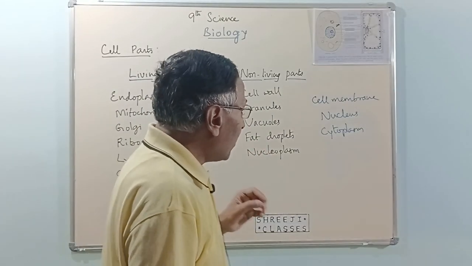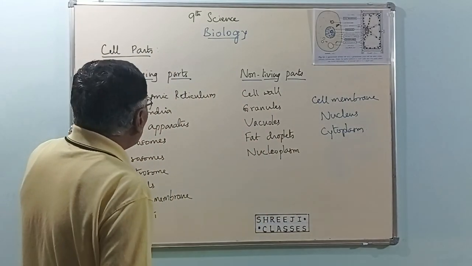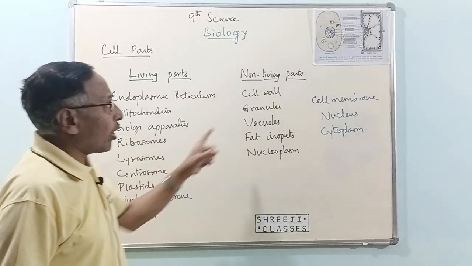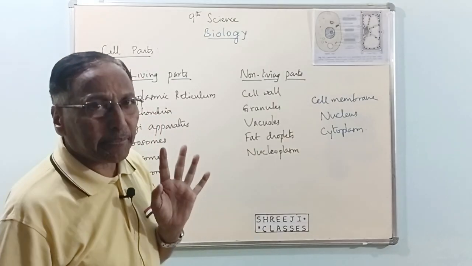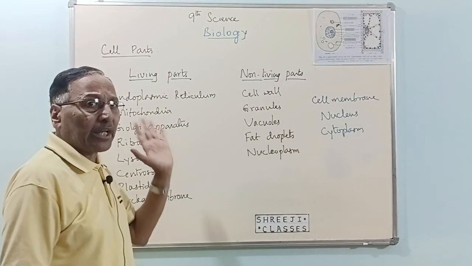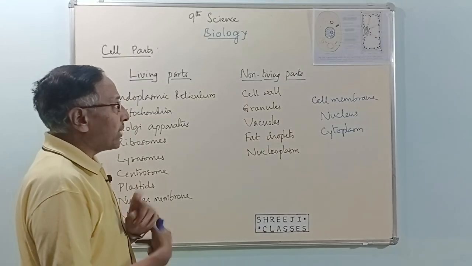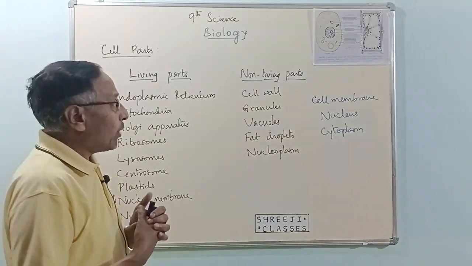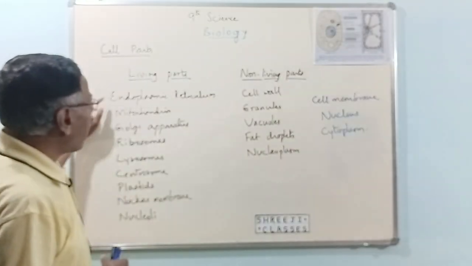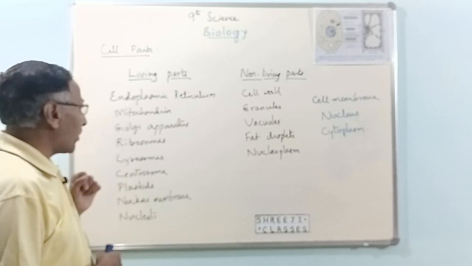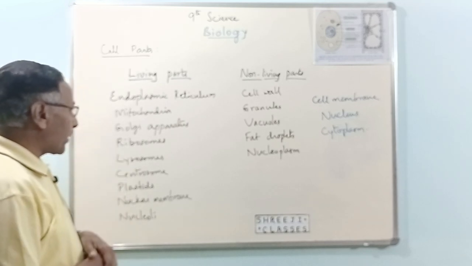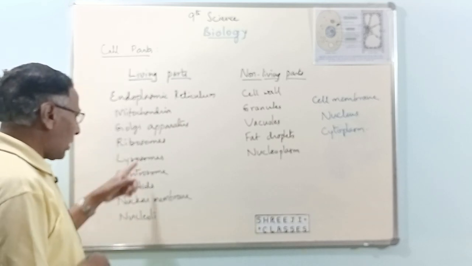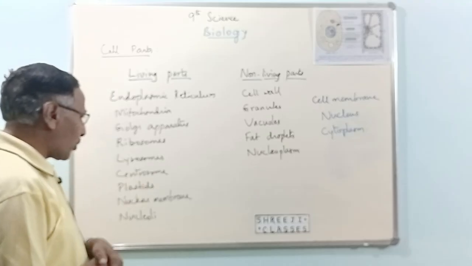See, every cell contains both living parts as well as non-living parts. What are the living parts? Endoplasmic reticulum, mitochondria, Golgi apparatus, ribosomes, lysosomes, centrosome.